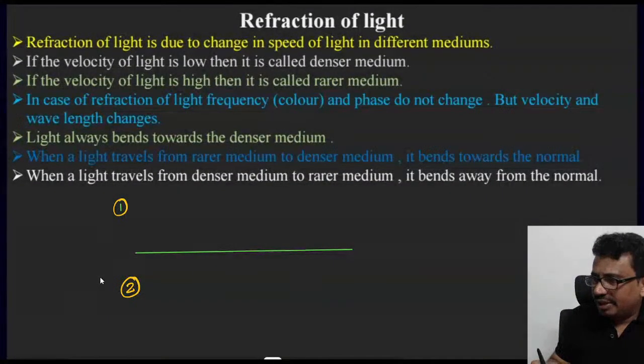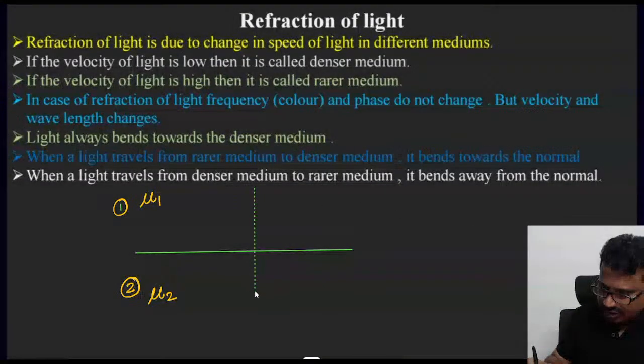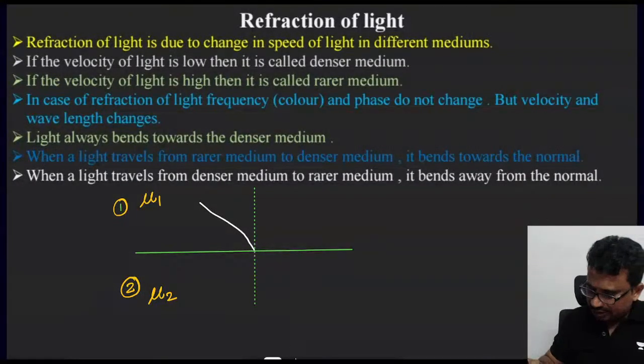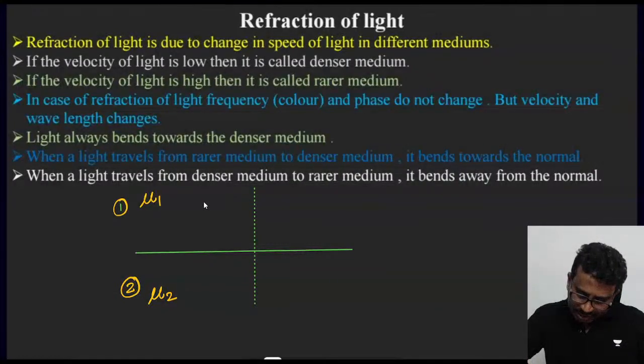The refractive index of medium 1 I am calling mu1, and the refractive index of the second medium is mu2. And here this is a normal. Consider a ray of light which is incident like this, a ray of light which is falling at the junction.